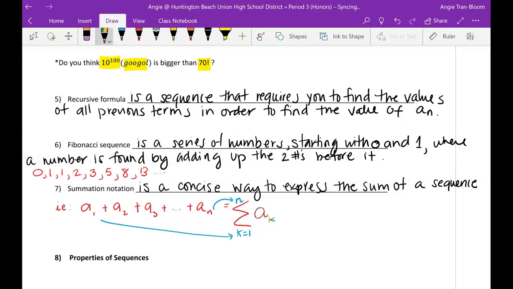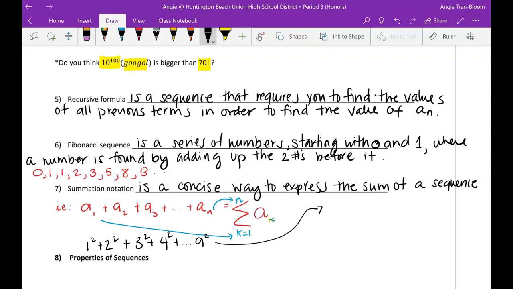Okay, let me give you another example. 1 squared plus 2 squared plus 3 squared plus 4 squared plus, skip a few, 9 squared. This one, we know where it ends. So how do I write the summation of this sequence? We write the big capital E looking symbol.